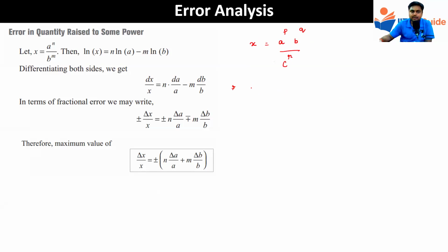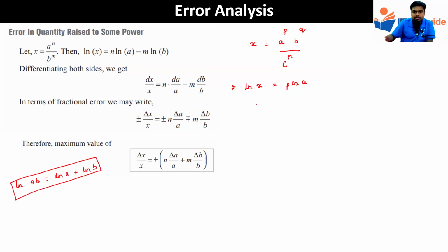So we take ln, logarithm, on both the sides. So ln x is equal to p ln a... I'll let you know. ln of a into b is equal to ln a plus ln b.